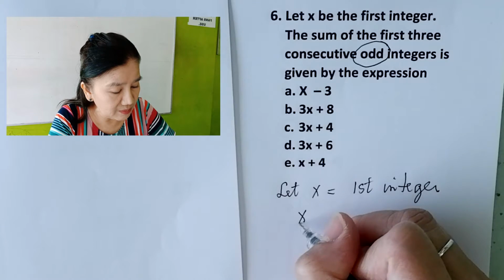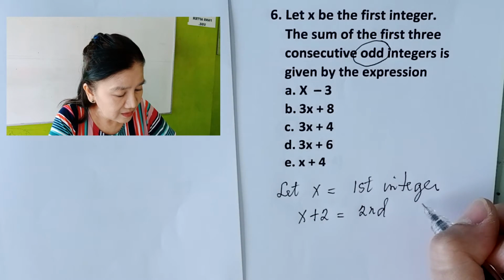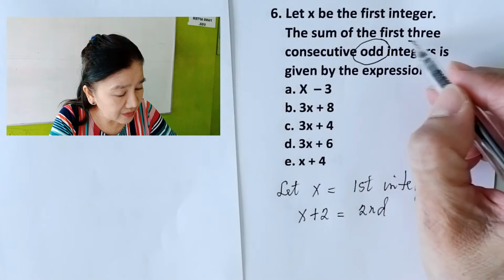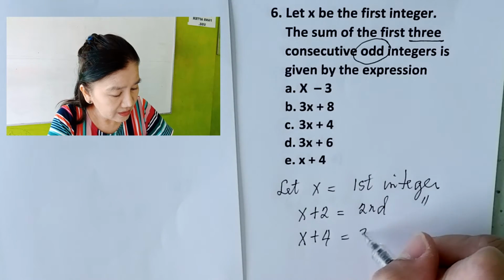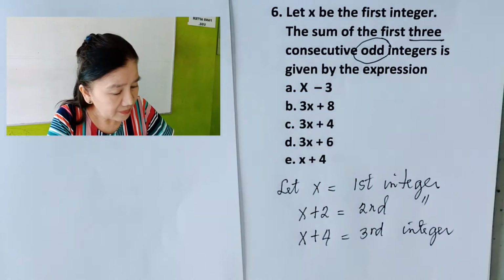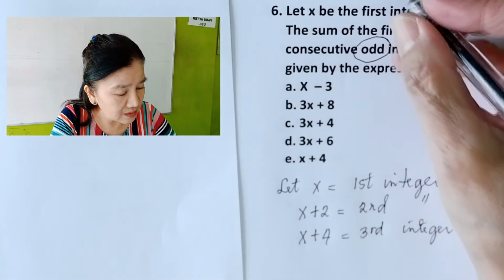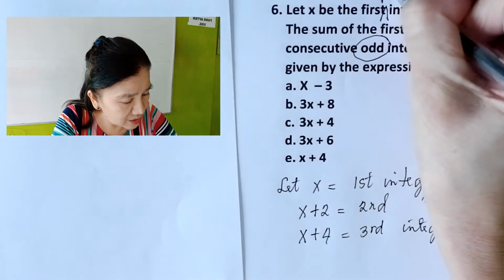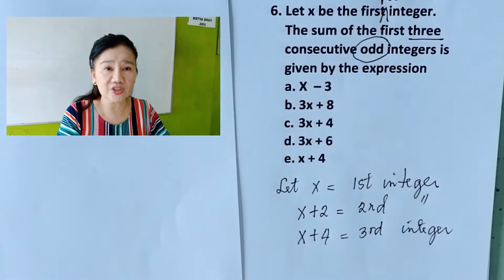So the next one will be x plus 2. This is the second integer. But we have here 3 integers, so the next one will be x plus 4. This is the third odd integer. Just to be clear, let's change this to first positive odd integer, because you're still in grade school, to be sure that we understand each other.